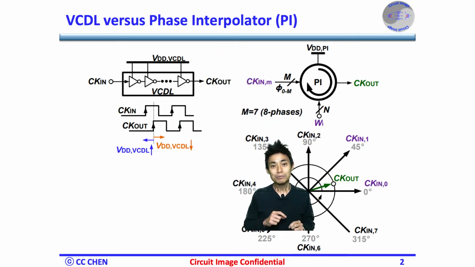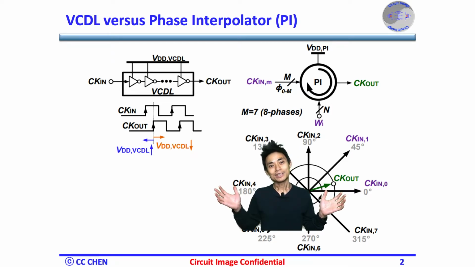In this PI image, there are 8 phases as the PI's input reference clock. The input control code will select 2 input reference clocks, like CK-in0 and CK-in1, to interpolate the required CK-out phases. Therefore, generating those multi-phase input clocks could be critical.